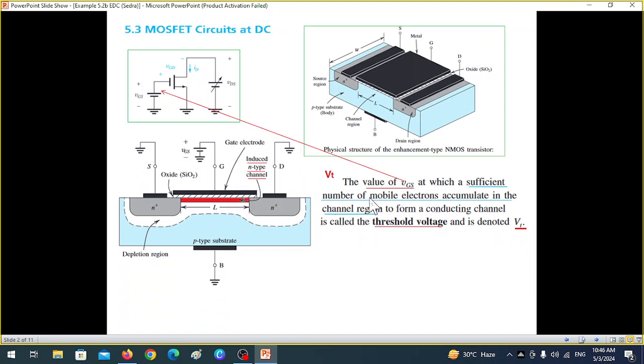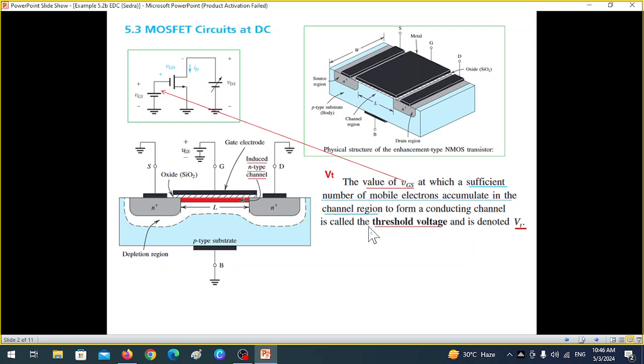Now, a theory part explaining VT: the value of VGS, that means this voltage, at which a sufficient number of mobile electrons accumulate in the channel. So when we keep on increasing, this is the channel, and a large number of electrons get accumulated here in the channel to form a conducting channel.